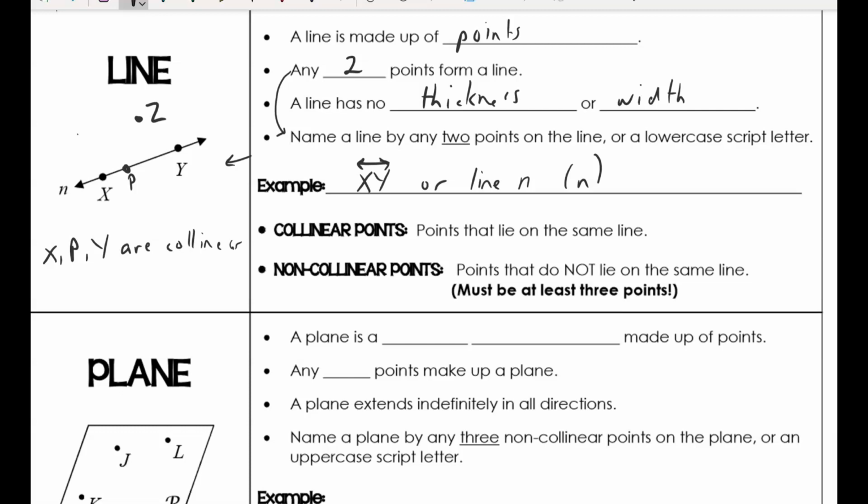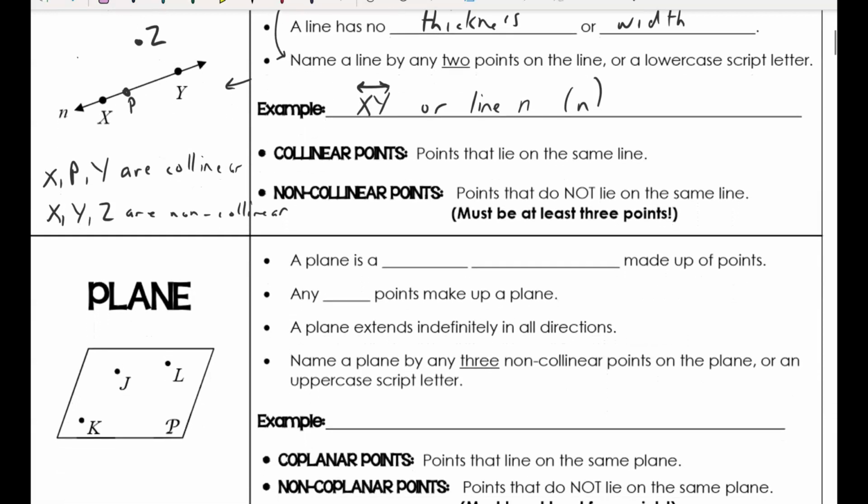They're on line N or line XY, whichever you named it. And we could also say that X, Y, and Z are non-collinear.